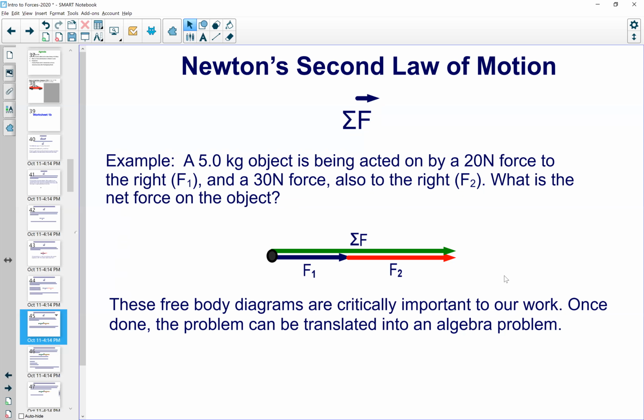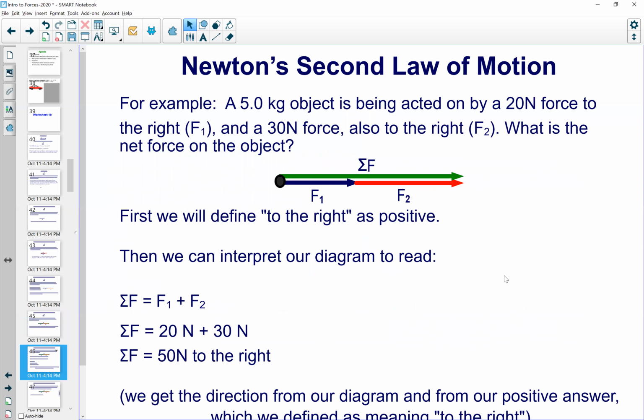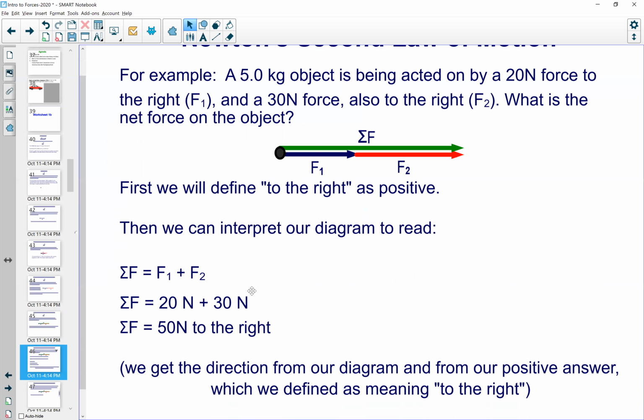Mathematically, we said that they were both acting to the right. We could either use the word right, or we could define right as positive and just say it's positive 50. Down here, we're showing that if we add them together, we get 50 to the right, or positive 50 newtons if you've defined right to be positive. But the forces are to the right, so the acceleration would also be to the right.